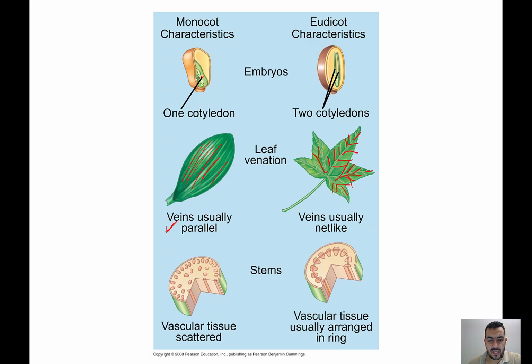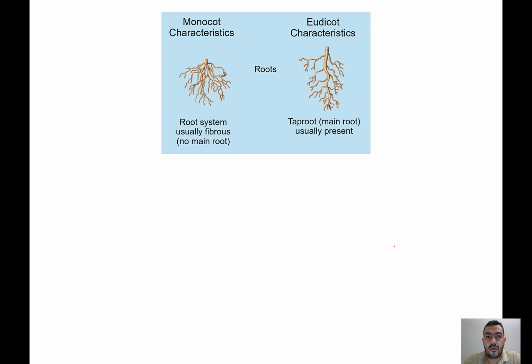Then the arrangement of vascular tissues in a cross section of the stem. So if you find the vascular tissue scattered in the stem, that makes it a monocot. If the vascular tissue are arranged in a ring, that makes it a dicot. One other way you can depend on is looking at the root.